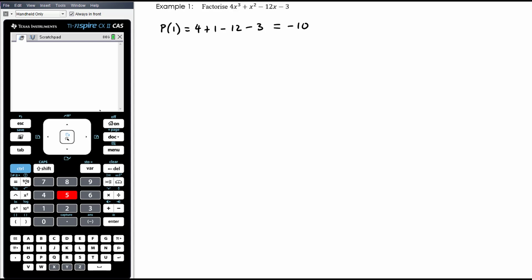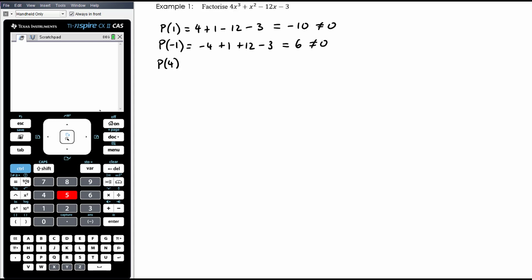So not 0. P of negative 1 is going to be negative 4 plus 1 plus 12 minus 3. So that is negative 7 plus 13, so that is 6, which isn't 0.